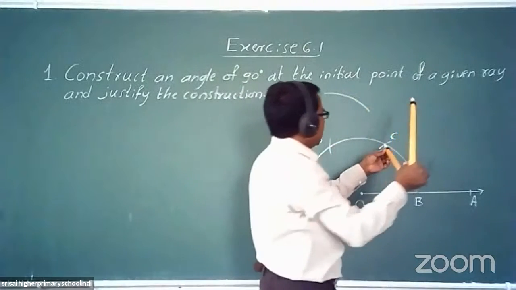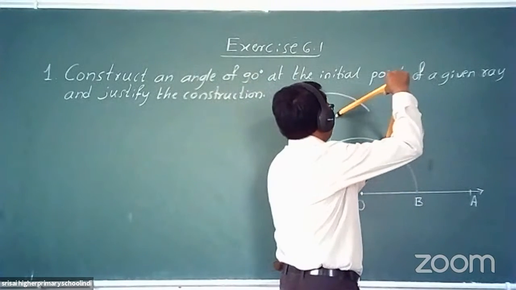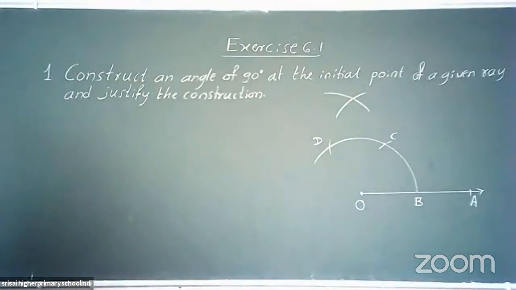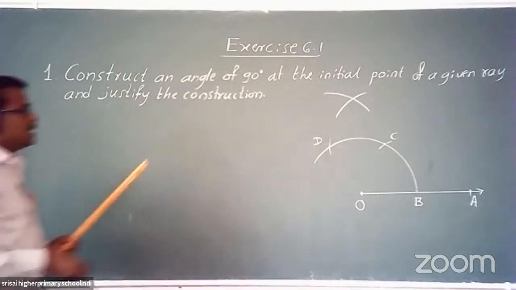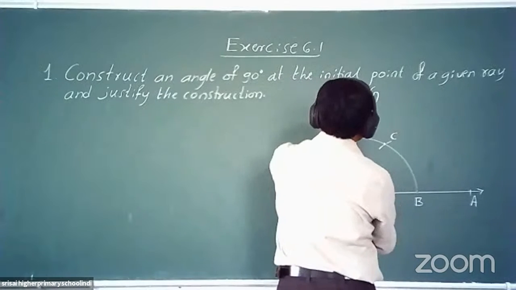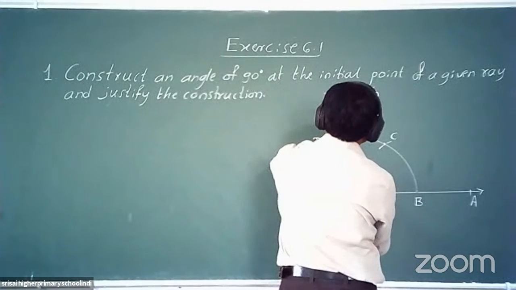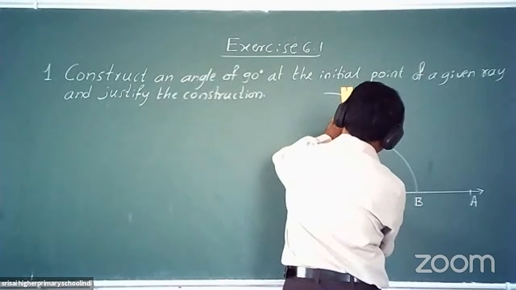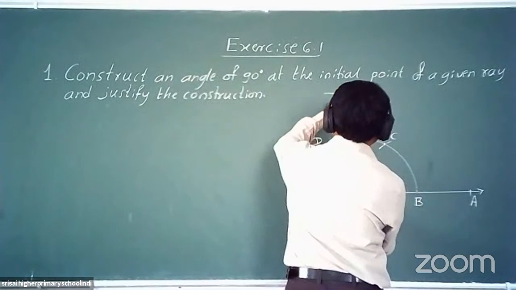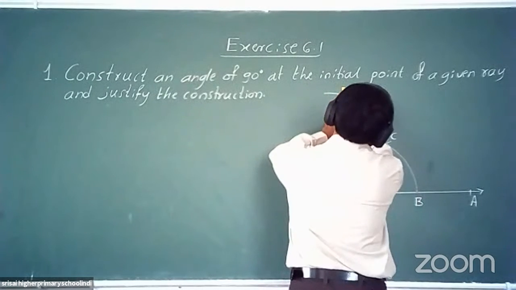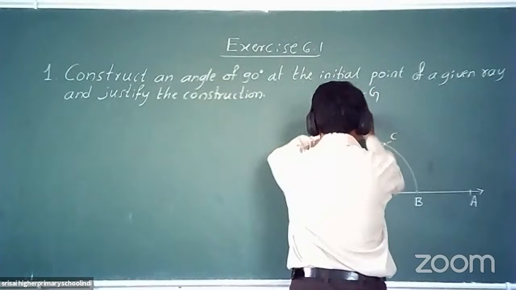Keep the fixed arm of the compass on C, draw another arc. We can call this point G. Now join OG. This is the cross point.